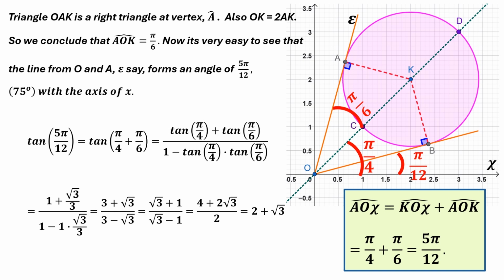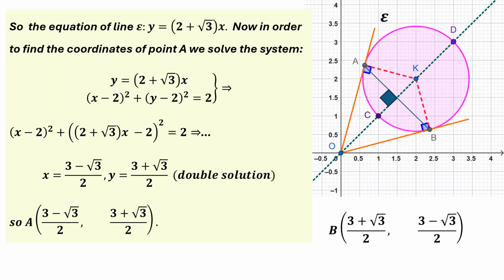So now we conclude that line OA forms an angle of 5 pi/12 radians with the positive x-axis. The next obvious step is to calculate the slope of line OA, which is equal to 2 plus square root of 3. So the equation of line OA is y equals the quantity 2 plus square root of 3 times x.